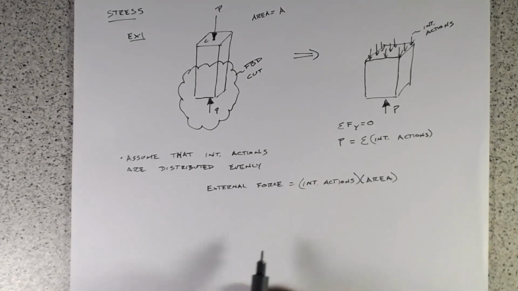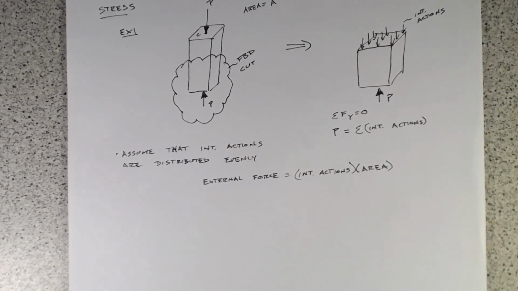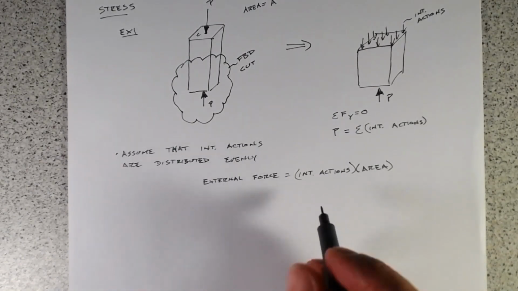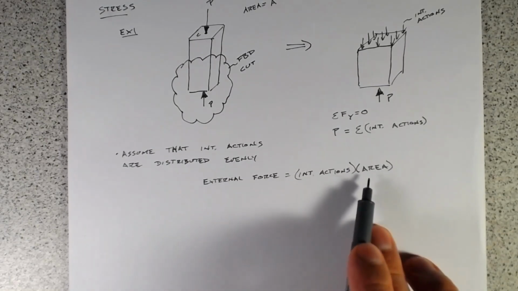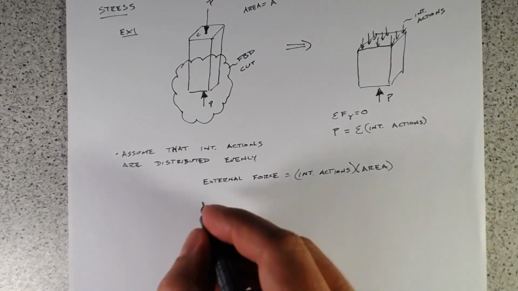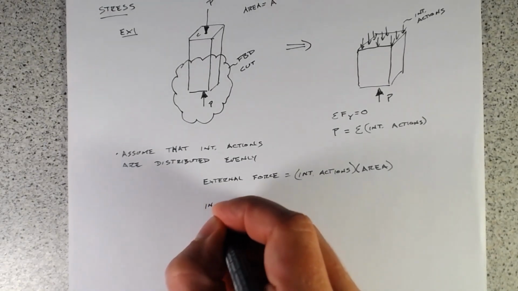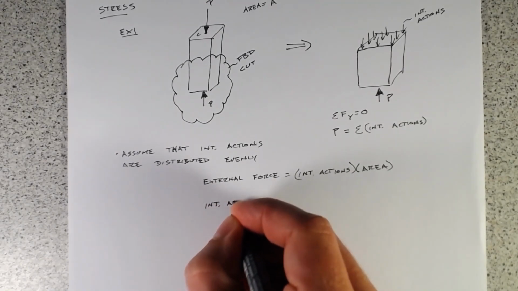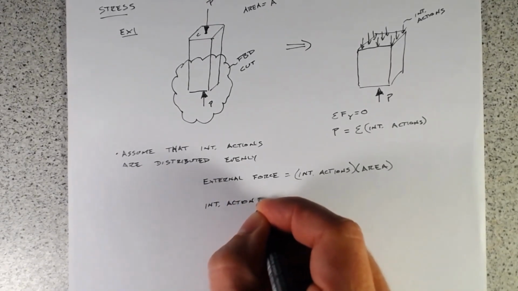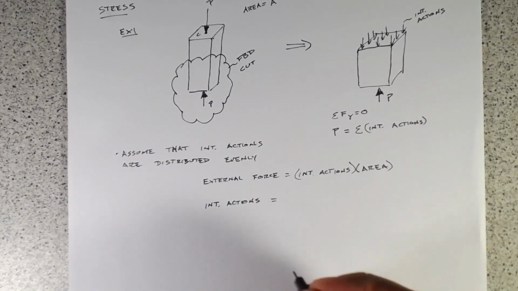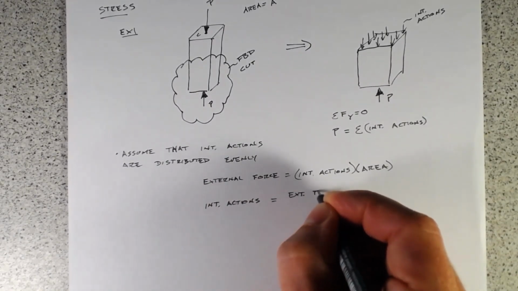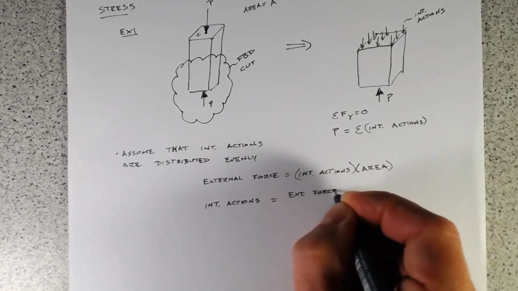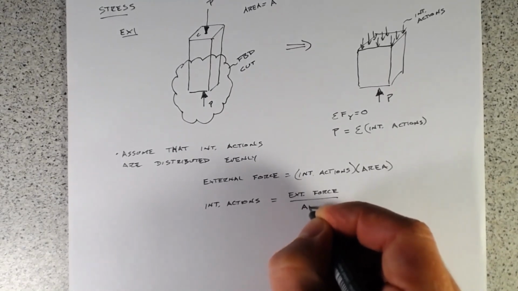Well, let's rearrange this equation a little bit. Because really we know our external force, we know our area, we want to find out what these internal actions are. So we call our internal actions equals our external force divided by the area.